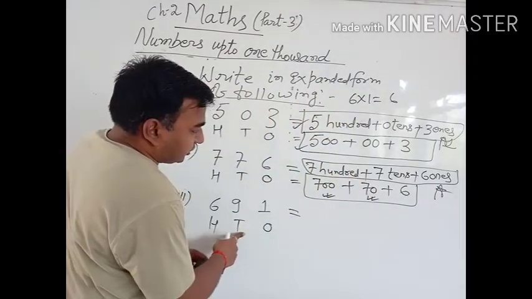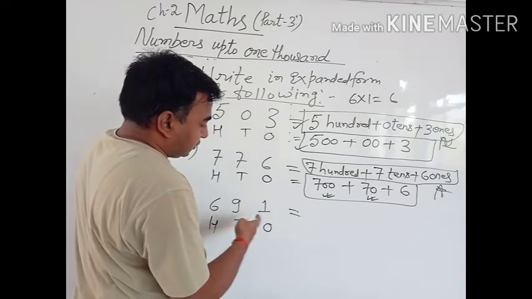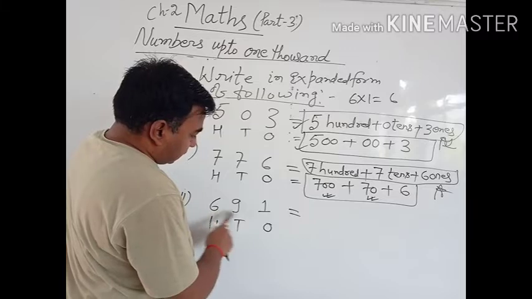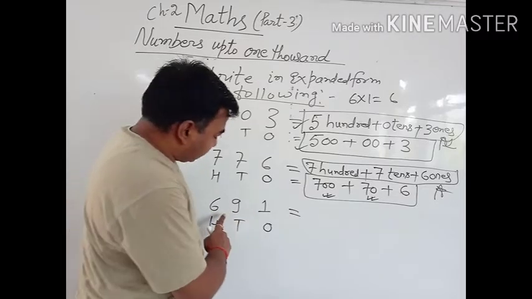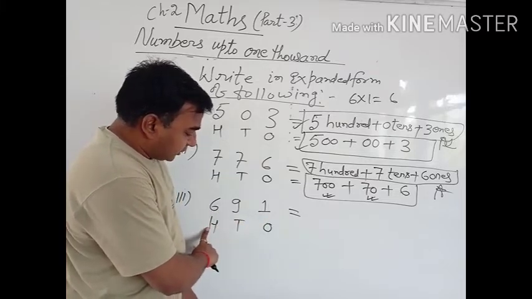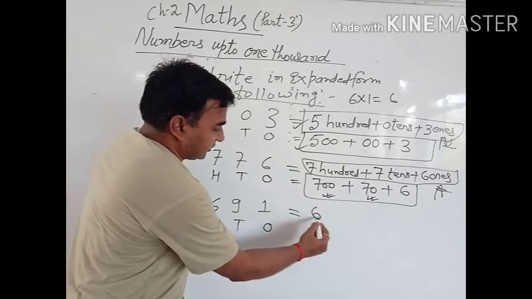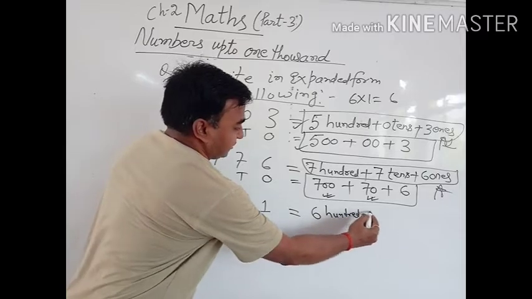So this is the last question. We will solve the last question in the same way. I have written 691. What is the place of this 6? Hundreds. So we will write 600 plus.